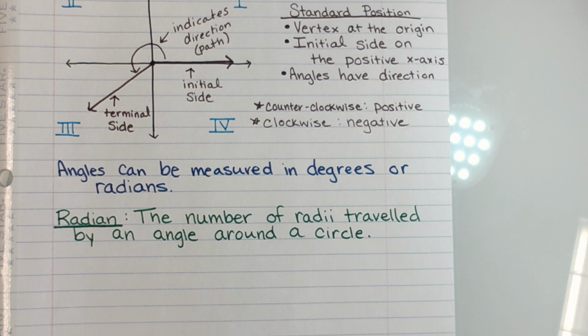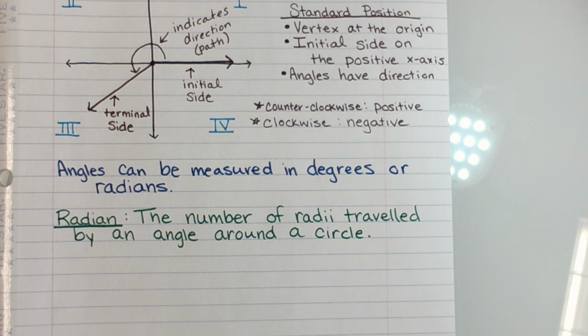So let's say 3 fits around there once, okay, this distance appears to be about 2 3s, this appears to be like 3 3s. Now that's not a perfect measure of radians, but it would be like placing this distance around the edge and seeing how many of them actually fit. That's how radians work.